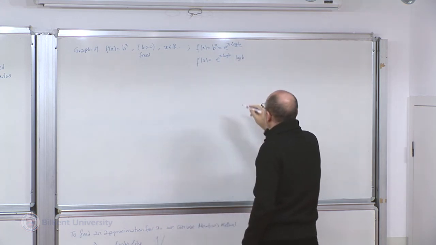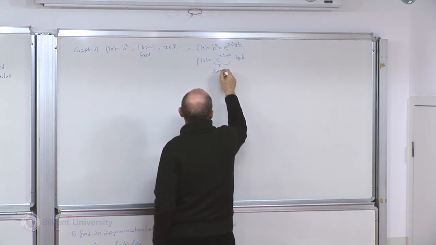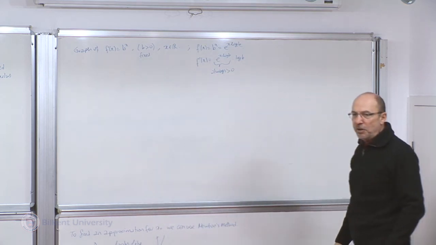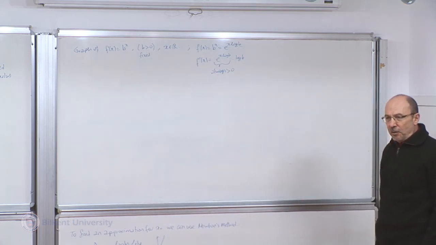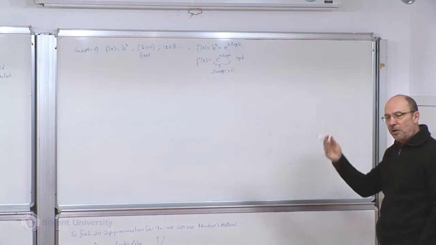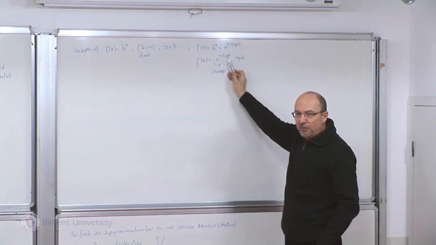So e to the x log b is always positive, no matter what power you give. The other factor is sometimes less than 1, sometimes larger than 1, depending on the sign of this part, but we are not entering into that.